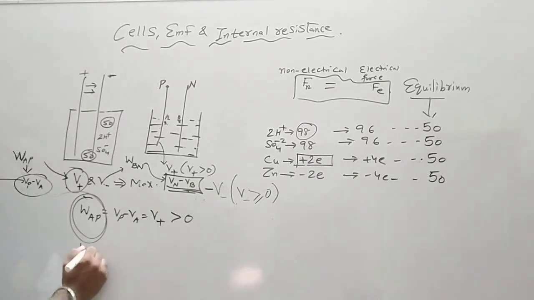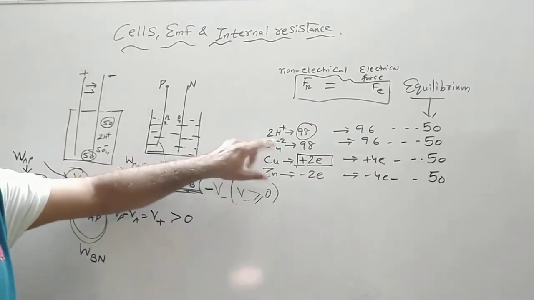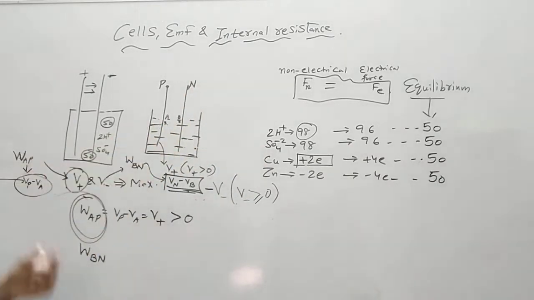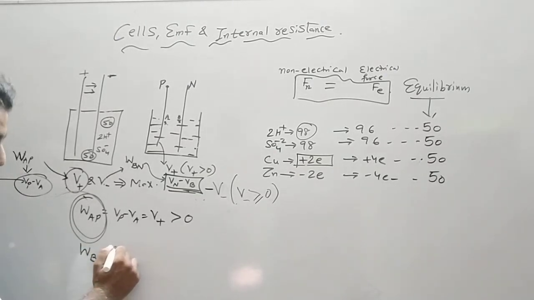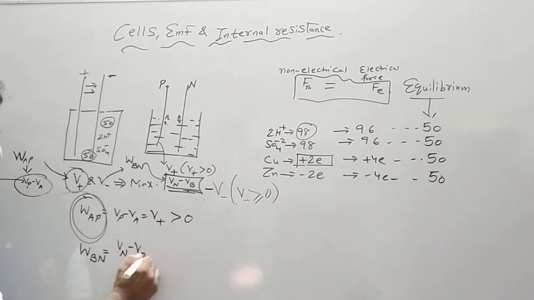Now, the work done to move a unit negative charge. Let us say SO4 minus minus, a unit negative charge. Then, by our definition, the work is done from B to N, so it gives a potential difference Vn minus Vb.